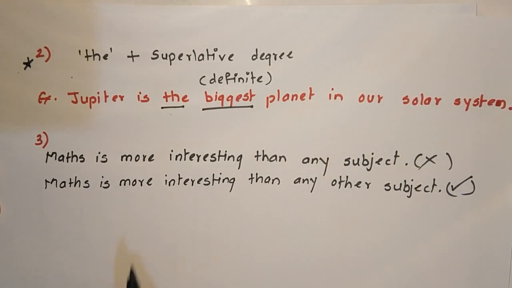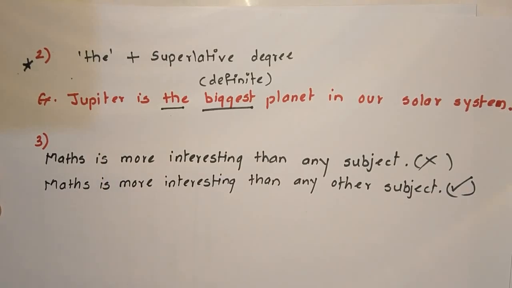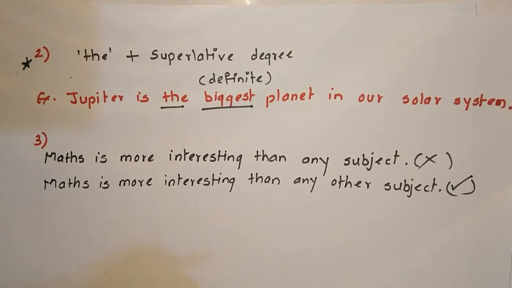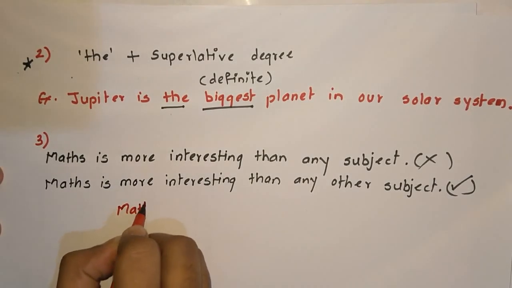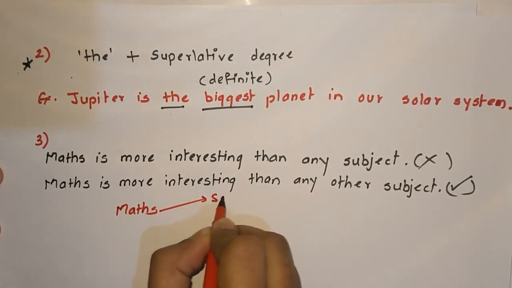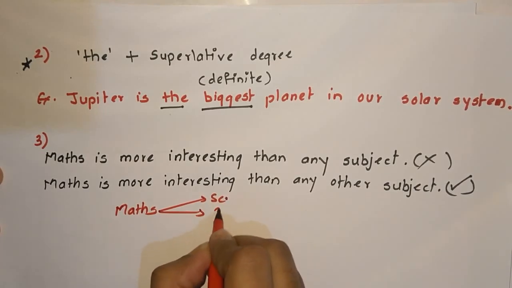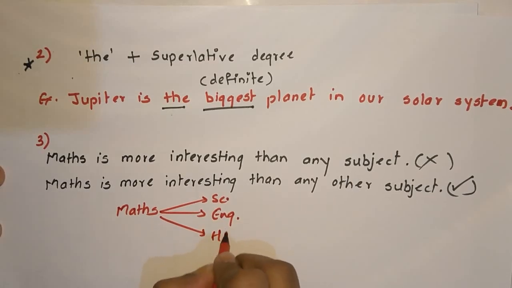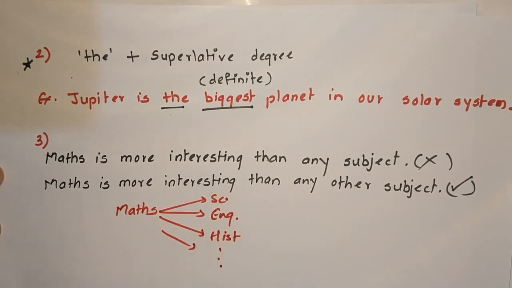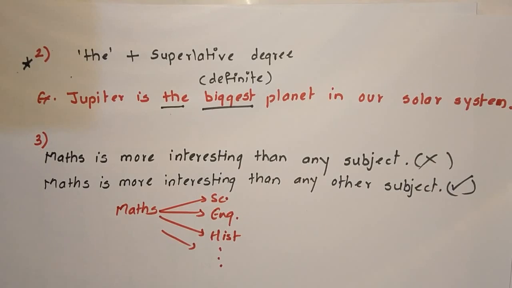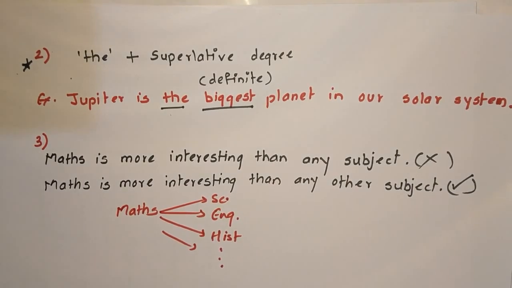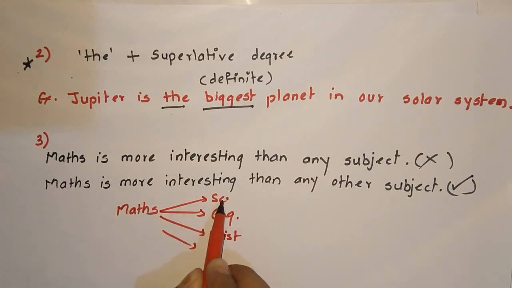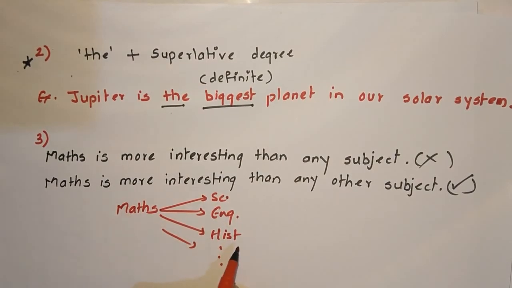In these 2 statements, we are comparing maths to any subject, like science, English, history. We are comparing maths to any other subject, but one at a time. First we compare maths with science, then maths with English, then maths with history.